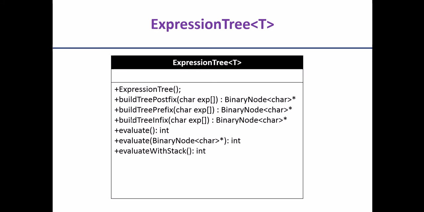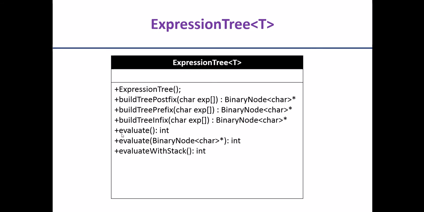So we have three functions. If we are given a postfix form, we can build the tree using the function build tree postfix. If we are given a prefix form expression, we can use this function, and if we are given infix form, we can use this function to build the expression tree. And all these three functions return the root nodes of the trees.